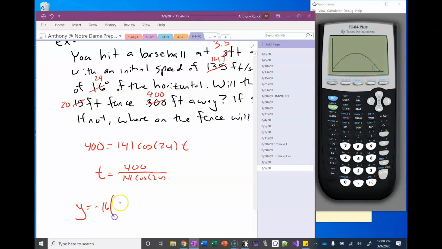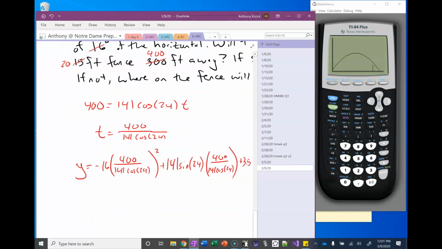So it's negative 16 times (400 over 141 cosine 24) squared plus 141 sine 24 times 400 over 141 cosine 24, plus 3.5. When I type this into my calculator, I get about 27.30 feet.